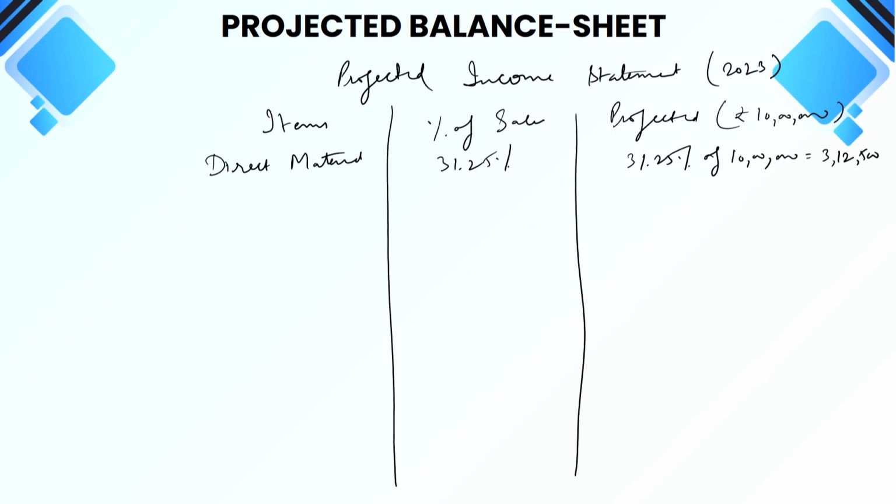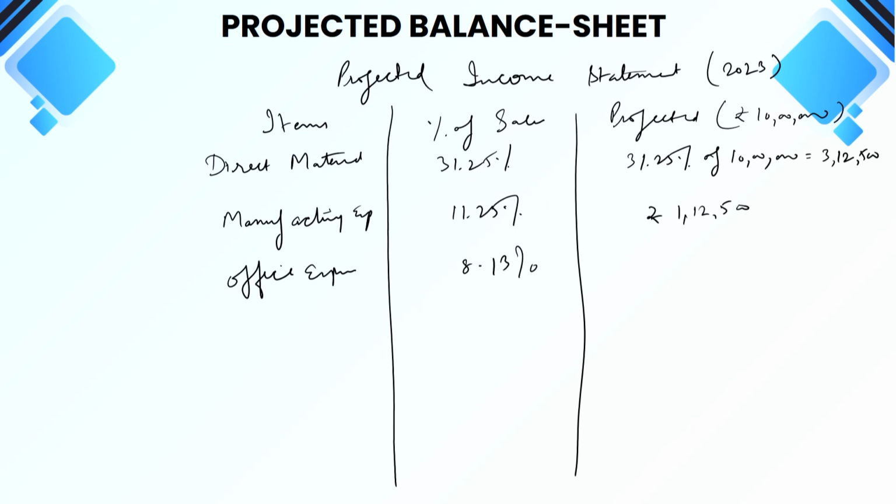3,12,500. Then manufacturing expenses, 11.25% of 10 lakhs means 1,12,500 rupees. Then the next is office expenses, 8.13%. So it comes to rupees 81,300.